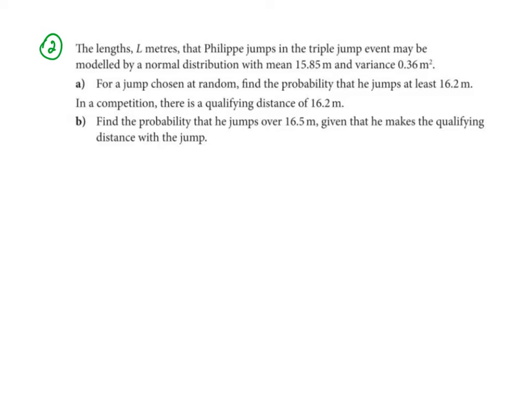So I see we have a normal distribution with the mean and the variance that are given. Therefore, I will say that L is normally distributed with a mean 15.85 and the variance 0.36, so that's 0.6 squared. I like to write it always this way so that I remember that this is the standard deviation.